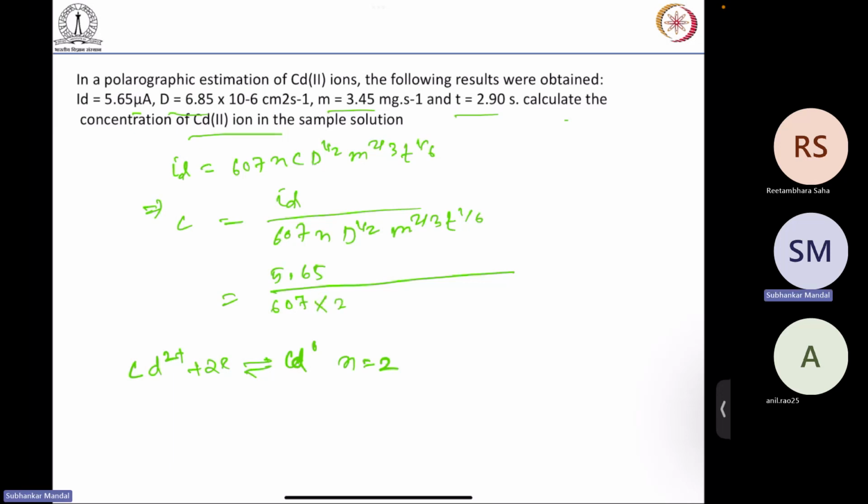D is 6.85 into 10 to the minus 6, to the power half. m is 3.45, to the power 2 by 3. t is 2.90, to the power 1 by 6. So how much will it be?